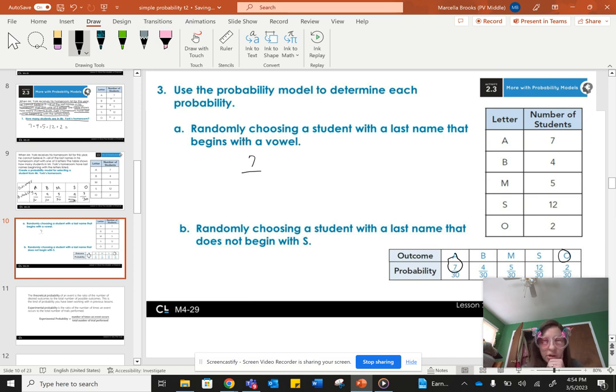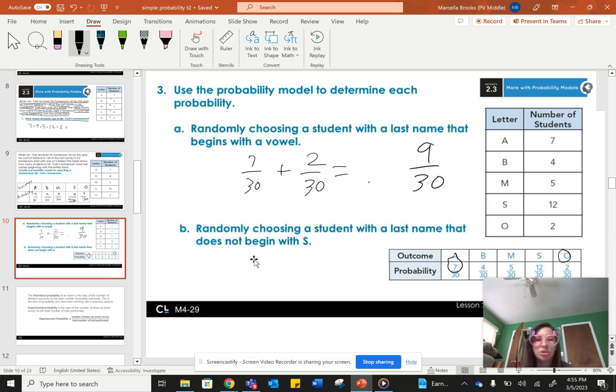So 7 over 30 is our probability for A, plus O would be 2 over 30. That becomes 9 over 30. Now, if you want to simplify that, they do have some common factors. You could make it smaller. I do believe it would become 3 over 10.